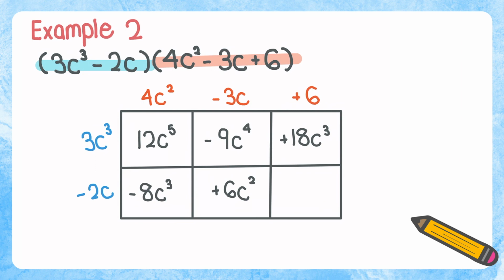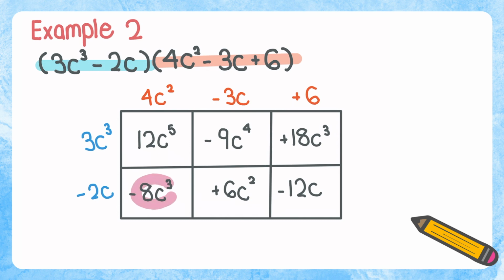And then lastly, negative 2c times positive 6 is negative 12c. So honestly, this might look super daunting right now, but don't worry because you'll get used to it as you practice more problems.